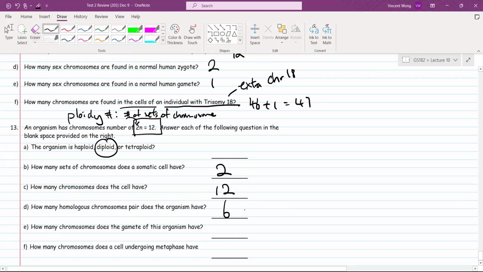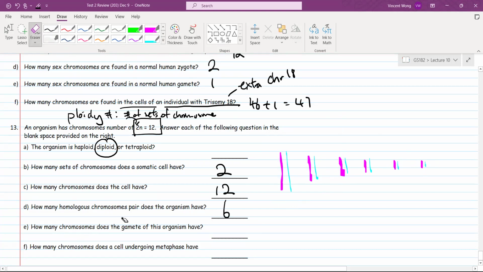So 6 homologous pairs. If you draw it out, it would look like this: 1, 2, 3, 4, 5, 6, 7, 8, 9, 10, 11, 12. So homologous, homologous, homologous, 6 homologous pairs.